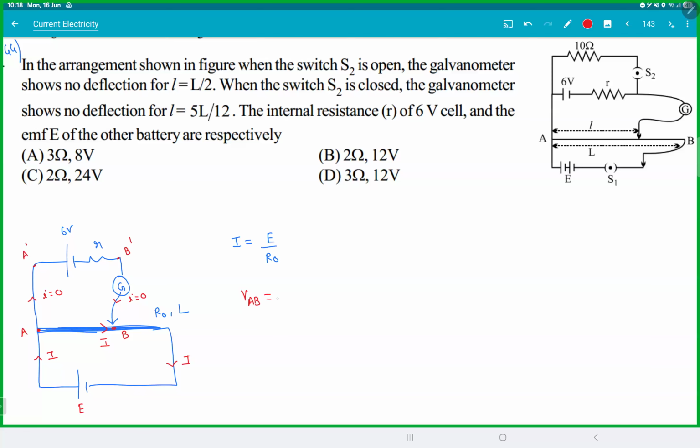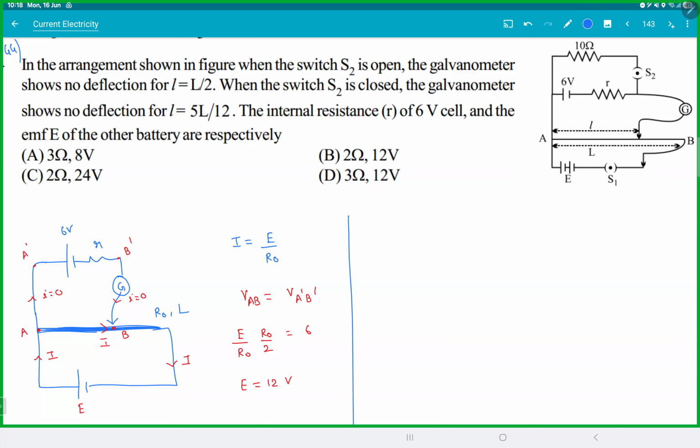Voltage across AB is equal to voltage across A dash, B dash. This is nothing but E by R naught into R naught by 2 because it is half of the length. And this is 6. So you can actually directly see and guess it, isn't it? Proportional to length, they'll half the length, double the voltage, done. But okay, I'm just showing you.